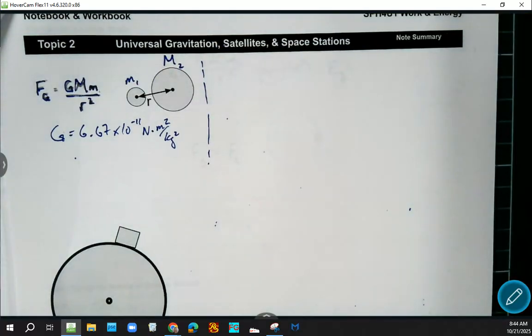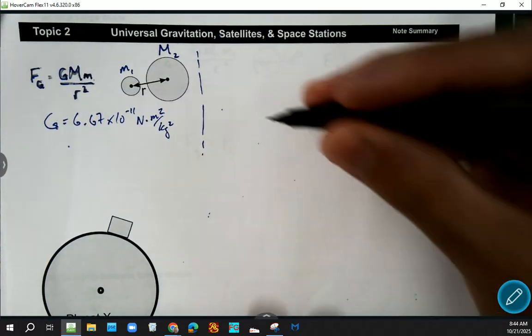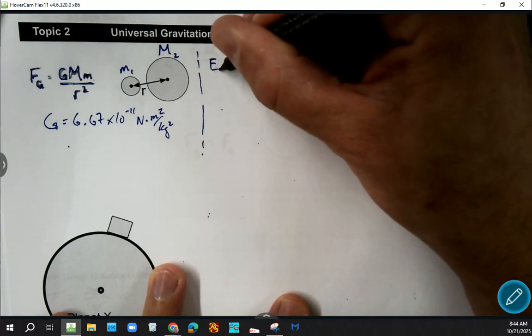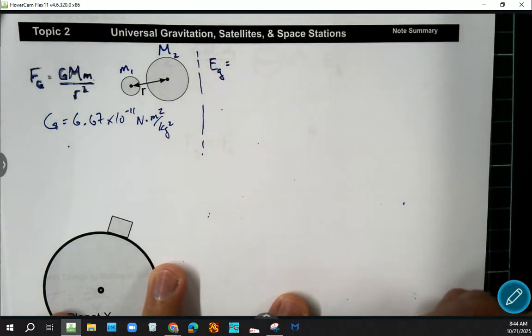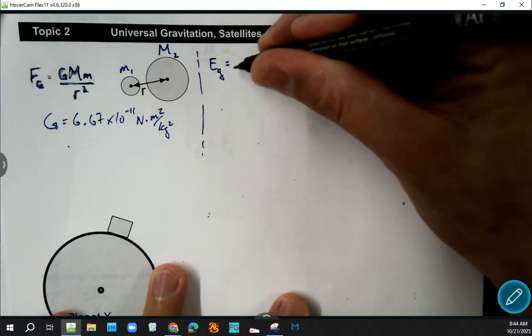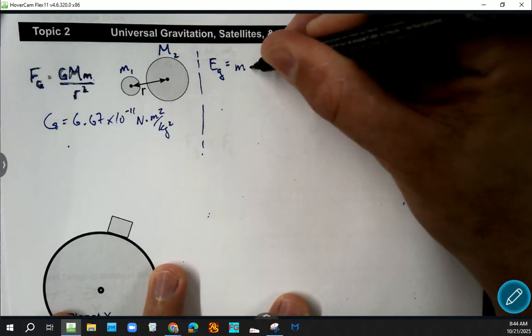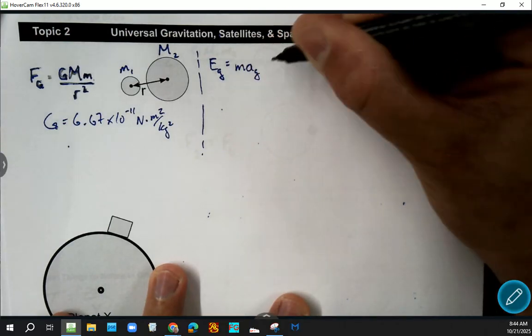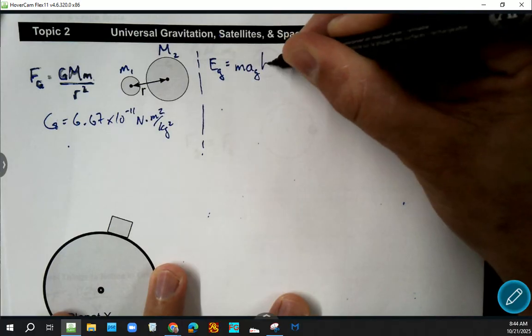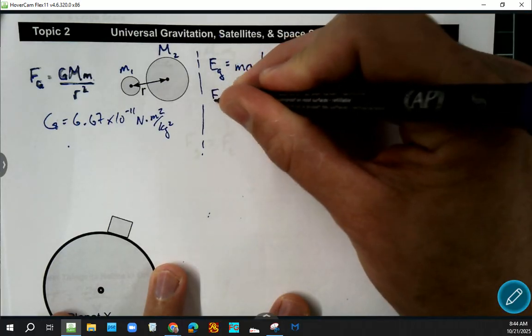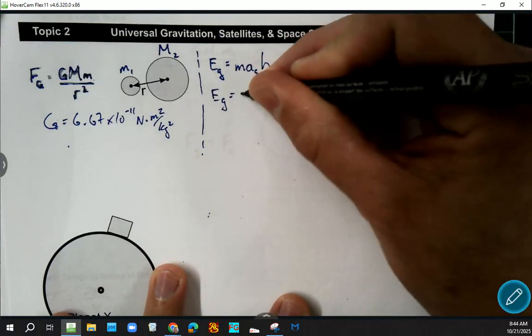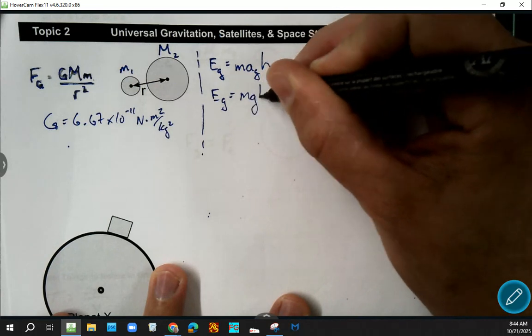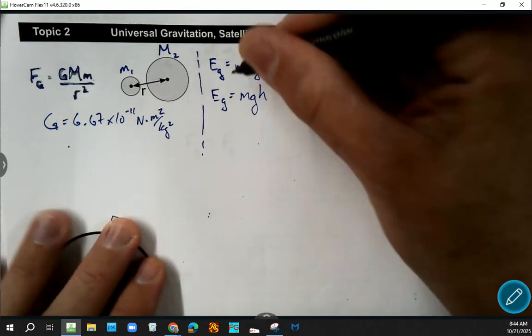Now what we said previously when we are near the Earth's surface was that E sub g, and I'm being specific, lowercase g, because we're near the Earth's surface, is mass times acceleration due to gravity times height. You may see people write the exact same equation as E sub g equals mgh.